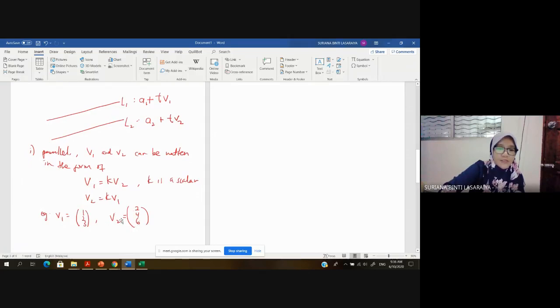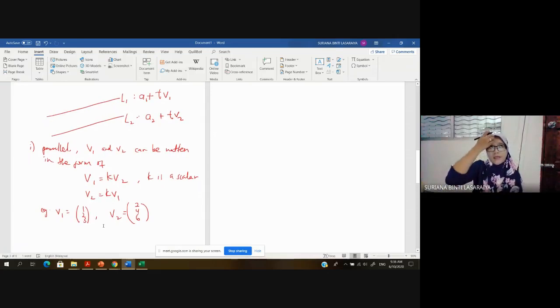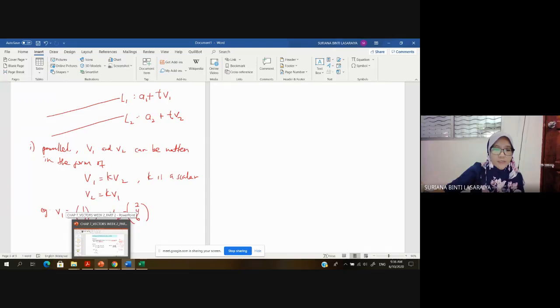Can you show that line L1 and L2 are parallel?